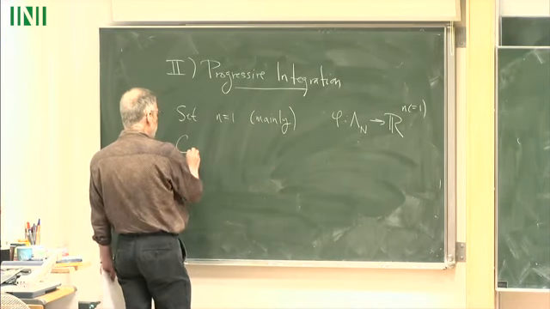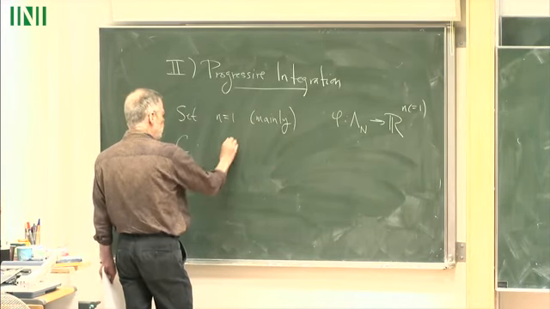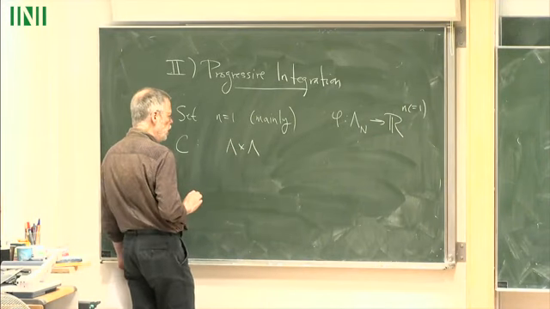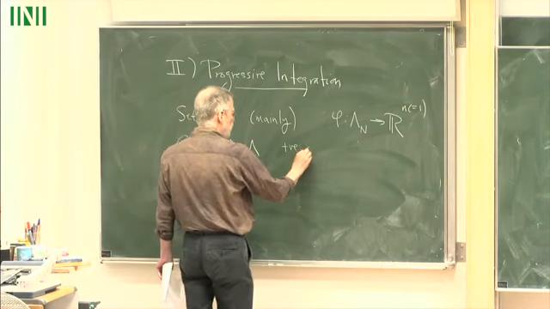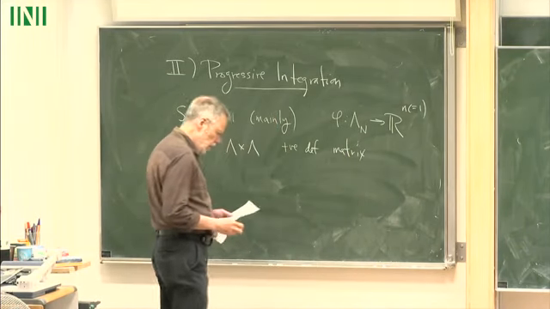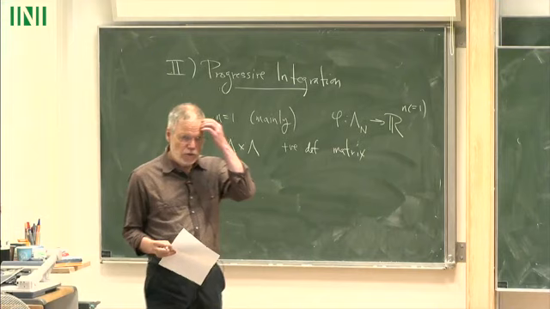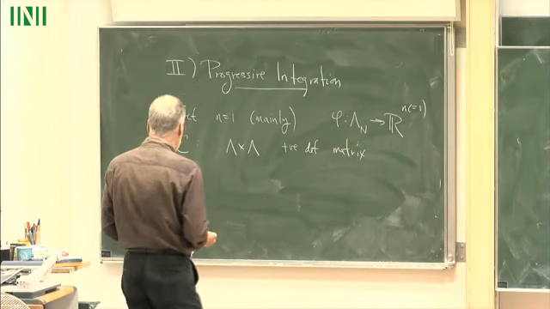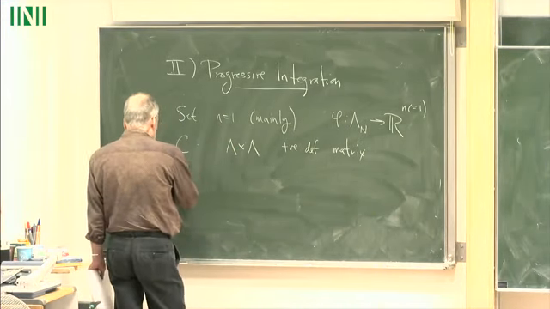Now, let's suppose that I have a matrix C, which is Lambda by Lambda. It's a positive definite matrix. Then I can define the Gaussian measure with covariance C, which does the following.